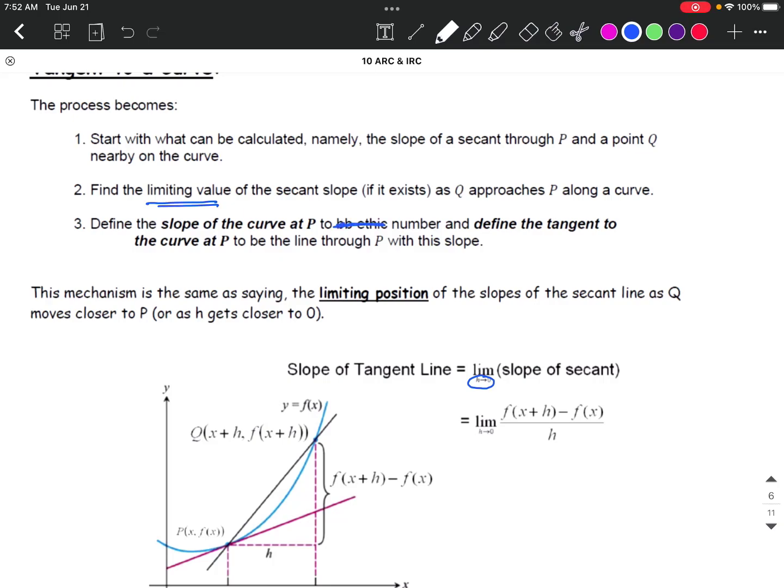So we define the slope of the curve at P to be this number, and define the tangent to the curve at P to be the line through P with this slope.